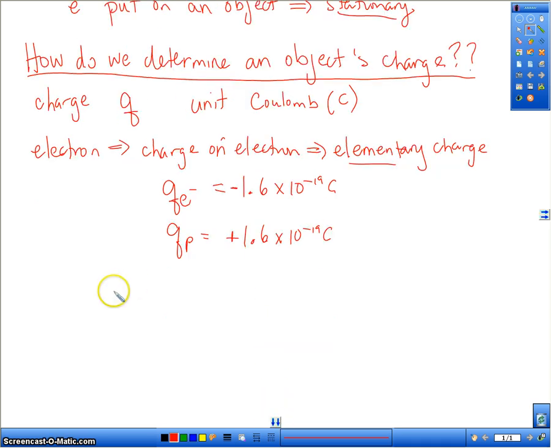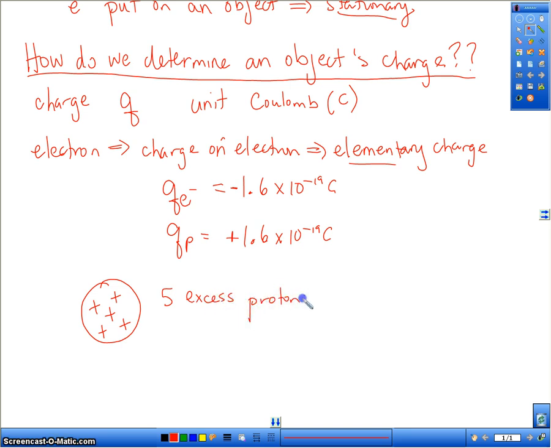So if I have an object, let's suppose a metal sphere, and I have on that object 5 extra protons. So I've removed 5 electrons from this object, and now this object has 5 excess protons.